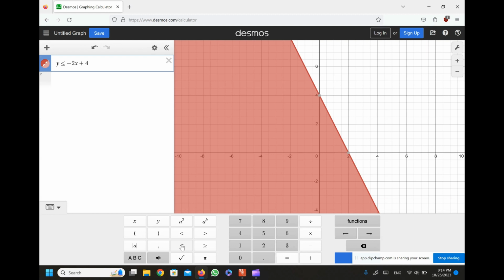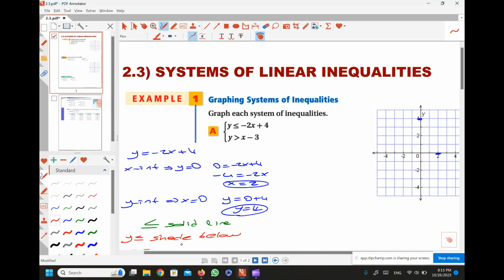We used a solid line here, and we shaded below the line because there was less than or equal to. Let's do the same for the second inequality. Let's solve to find intercepts first.